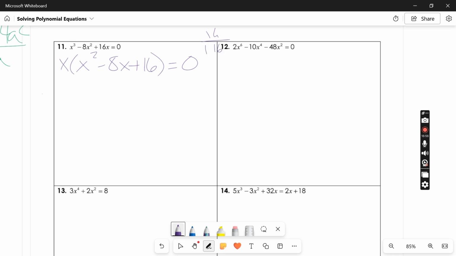So 1 and 16, 2 and 8, 4 and 4. If you look at your chart, they would both have to be negative. Looking like that one. So we have x and x minus 4. Since I have the minus 4 twice, I'm just going to write it as squared. So this would tell me that x equals 0 and x equals 4.